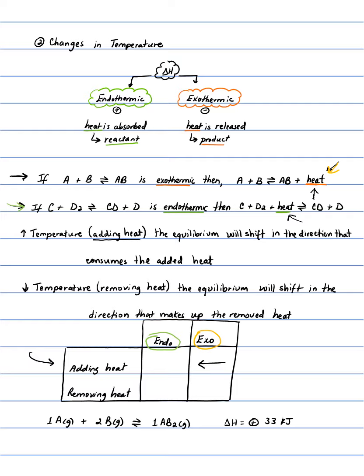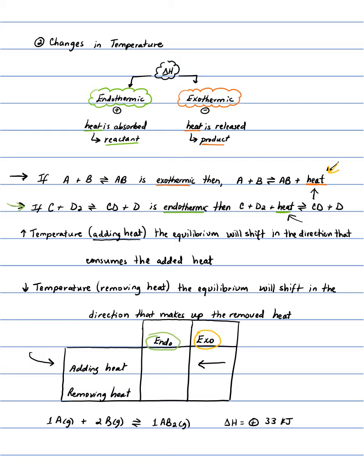So if your heat is a reactant and now we're adding more heat, we're adding more of something that you have on the reactant side, the reaction is going to find a way of using up that amount of heat that we're adding. To use up that amount of heat that is being added, it needs to form more product. It will be consumed by forming more of the products.